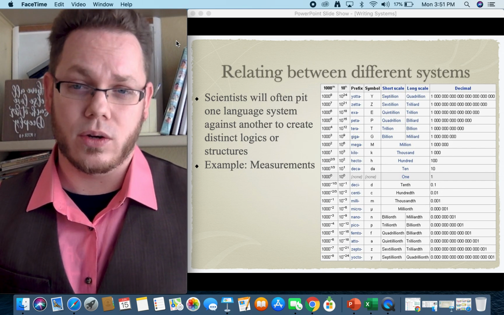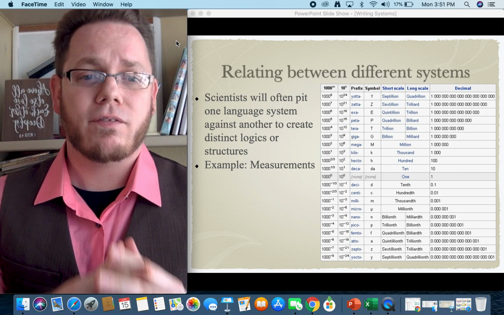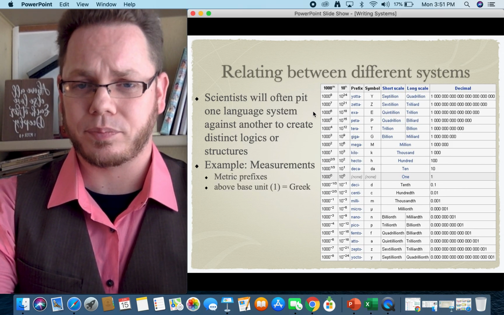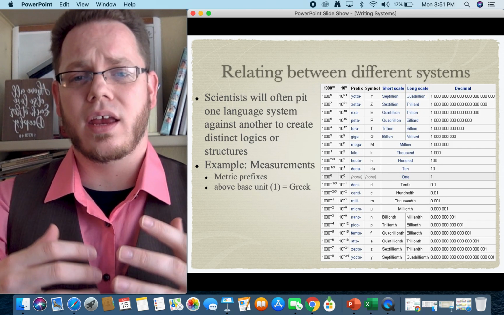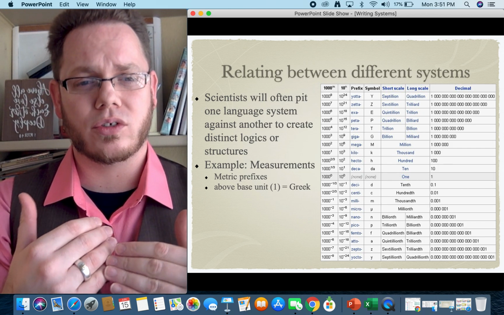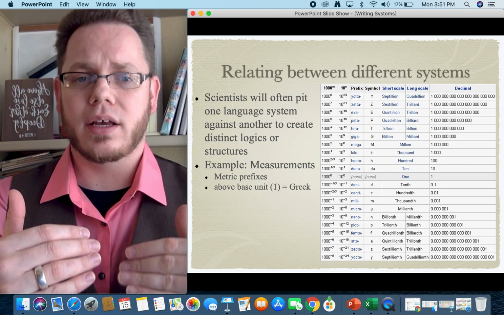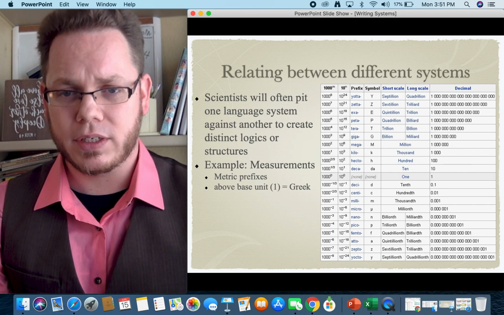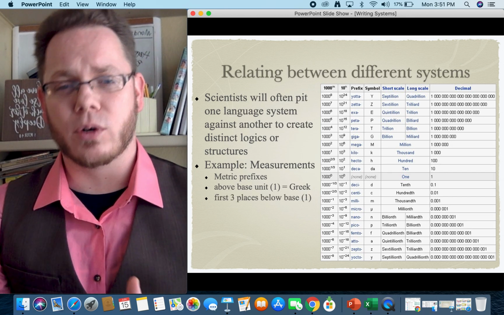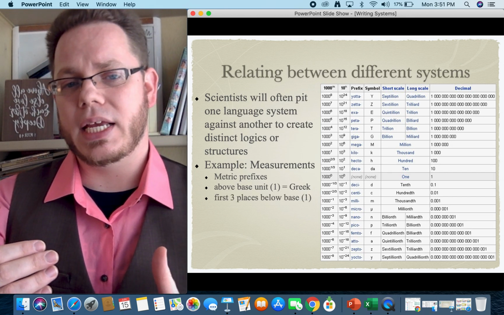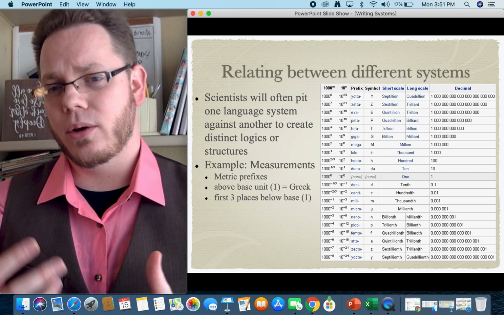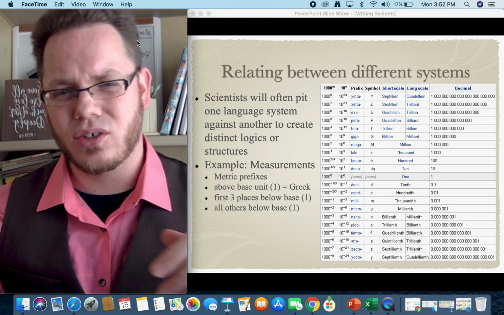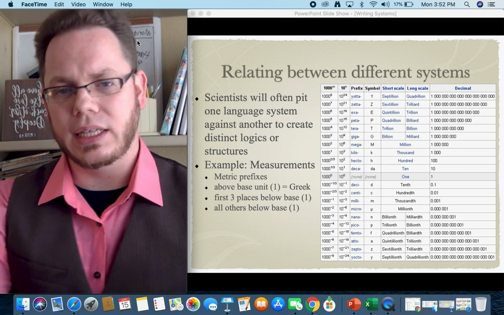First, as we look at the metric prefixes, the ones above the first unit, the 1 unit, count up using Greek prefixes, and the ones below, the first 3 places into the decimals, are based on Latin, and then it shifts back to Greek after that, I believe.